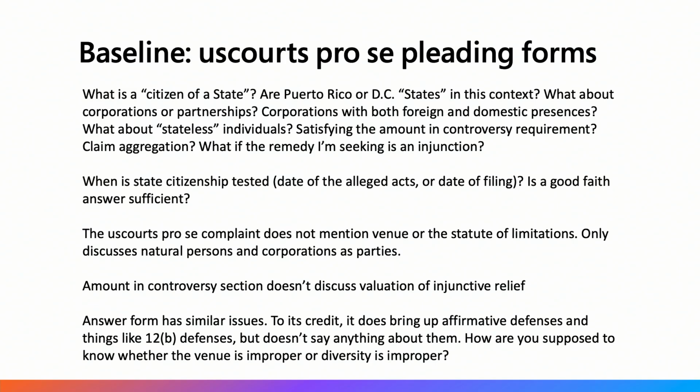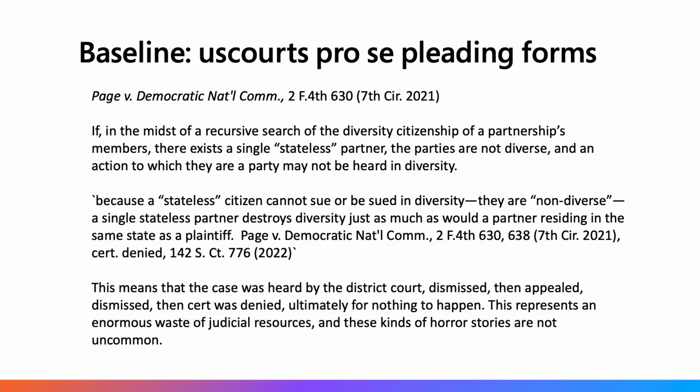The answer form they give, which is another form, has similar issues. I guess speed up here. If you want to go look it up, Page versus Democratic National Committee is a very recent, high-profile one in which there's a massive argument about how exactly we apply this particular subset of diversity cases where someone is a stateless entity in a partnership.